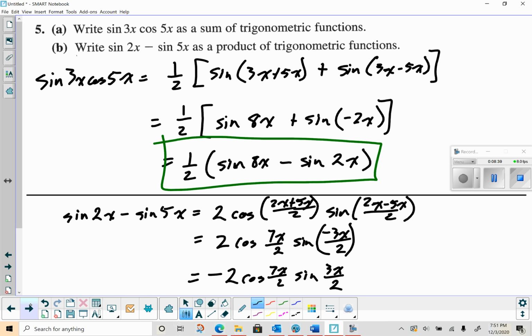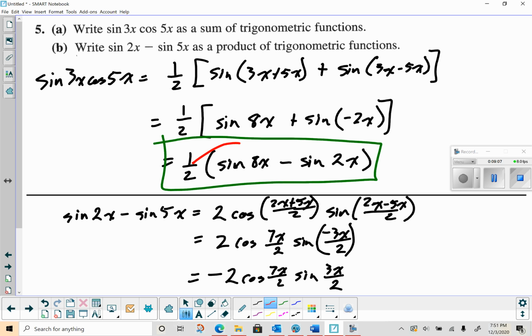Now, please, the last thing I want to see here is some kind of confusion. Sine of 8x. I don't know what x is, but I know sine of 8x refers to a specific value. Sine of 2x is a different angle. They're multiples of some value of x, but the sine of this angle and the sine of this angle are not like terms.